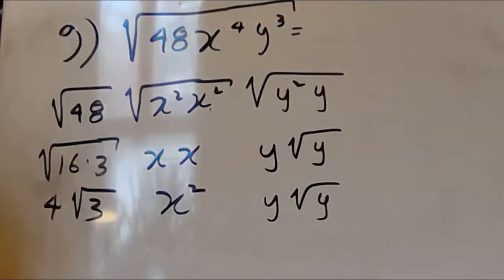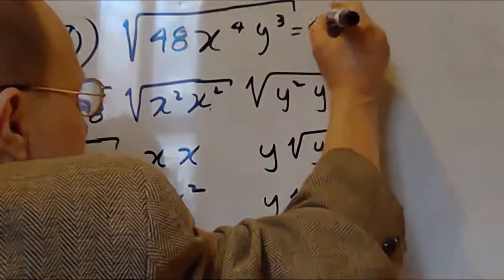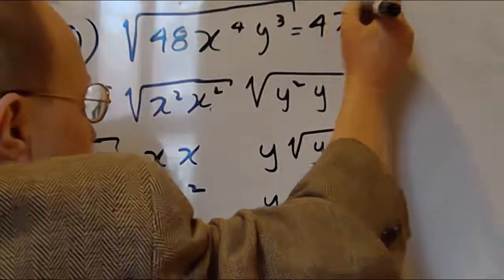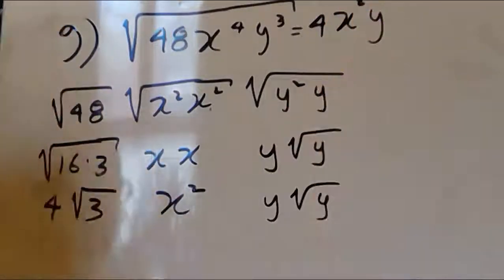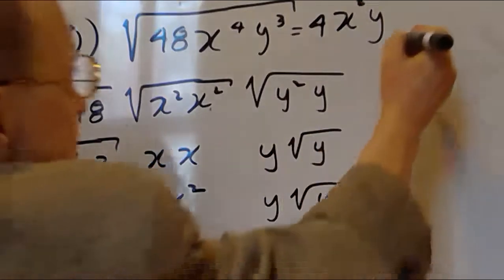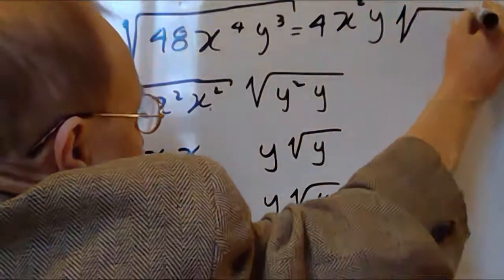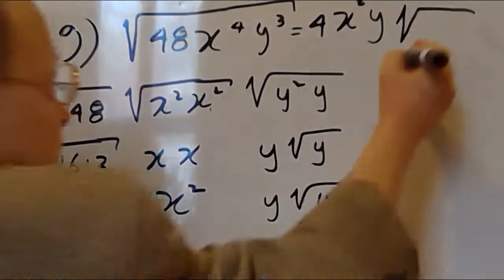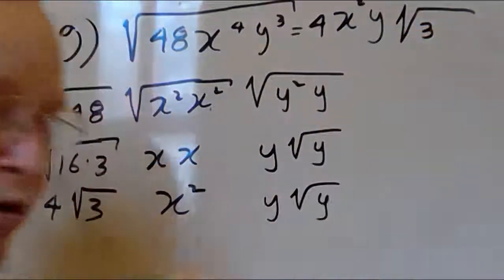Now what we're going to do is rewrite it where all the ones outside of the radical sign, usually the number first, are x squared y, and then underneath we put the radical sign, and what's underneath the radical sign is 3y.